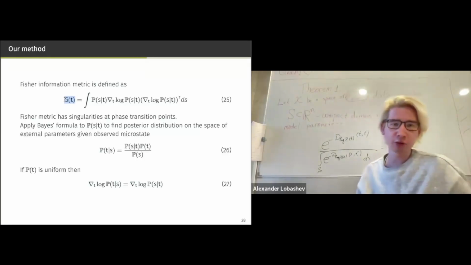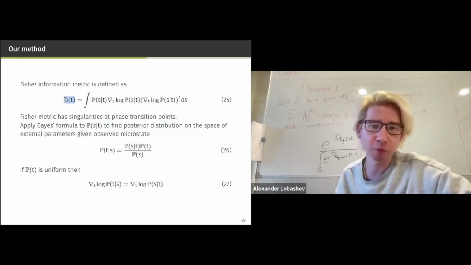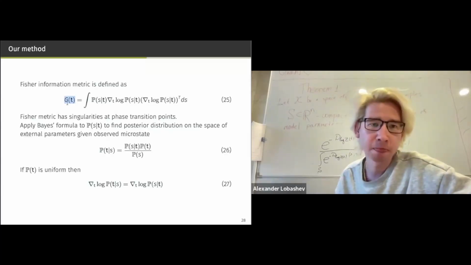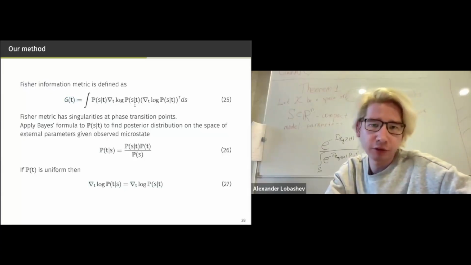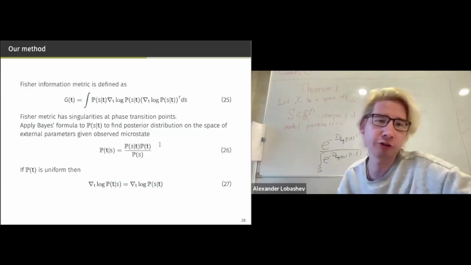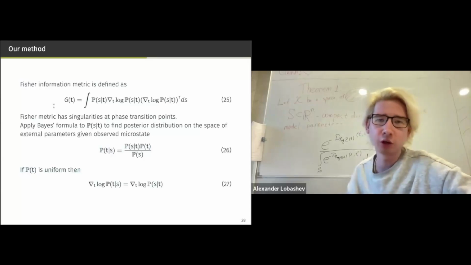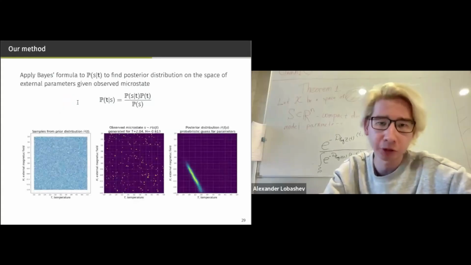Also, if we have knowledge about the second derivative of some convex function, we could also recover it up to affine transformation. So this is another empirical justification of why knowledge of this posterior distribution on parameters is equivalent to knowing our partition function and this Fisher information metric.